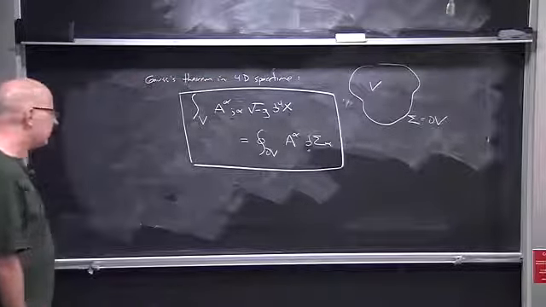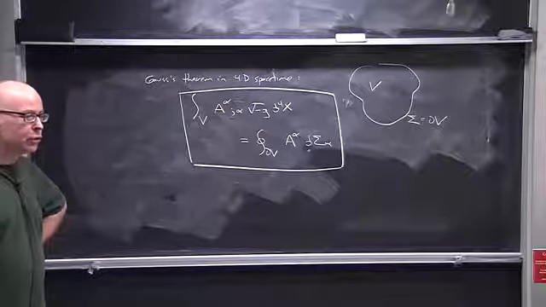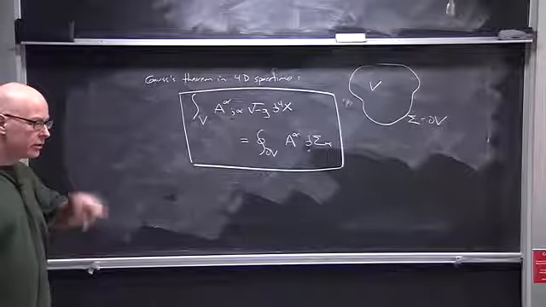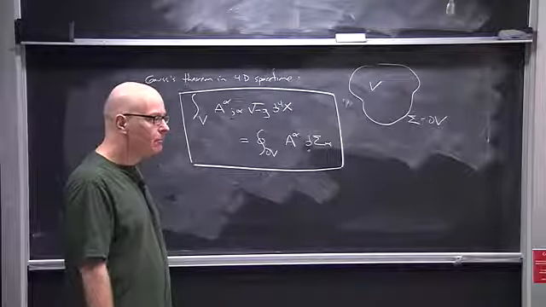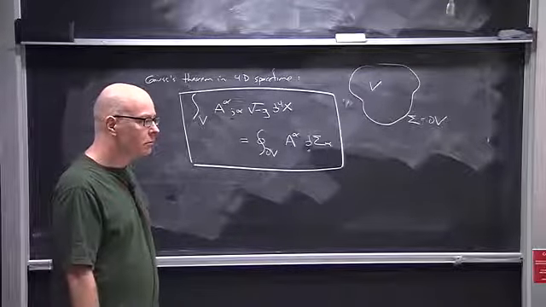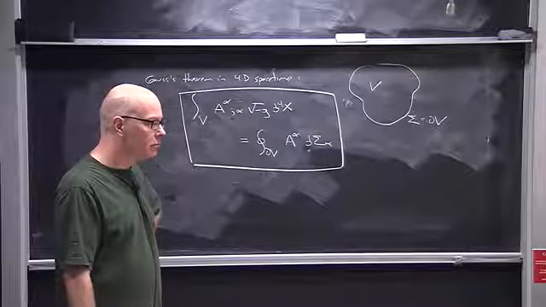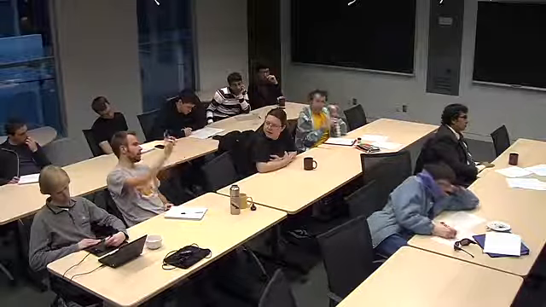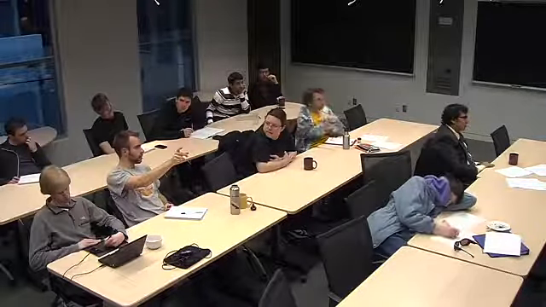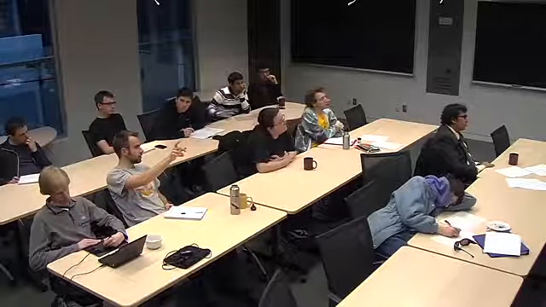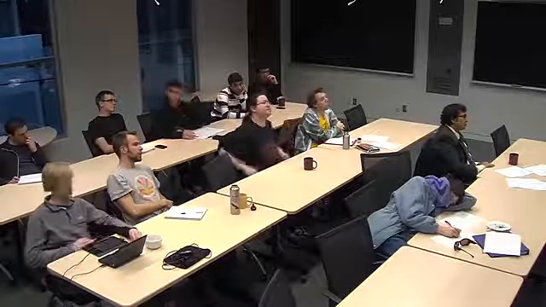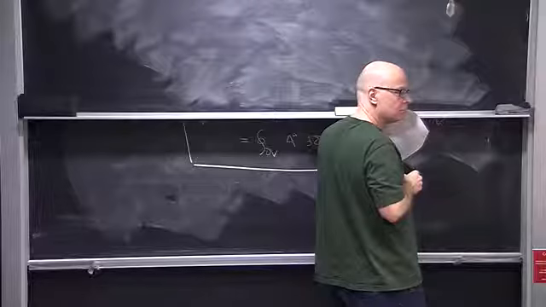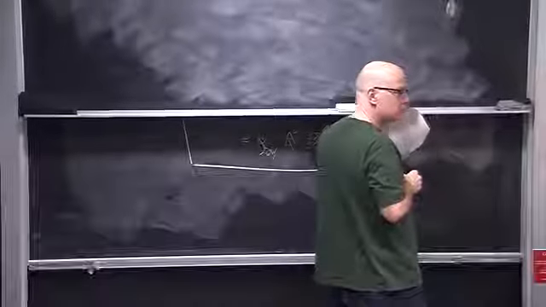There's another version of this which is analogous to Stokes's theorem in 3D vector calculus. You have a question? If instead of A alpha, you have a tensor F alpha beta contracted covariantly with the derivative with respect to beta, you can't do that? Because you say you can only integrate a scalar, right?